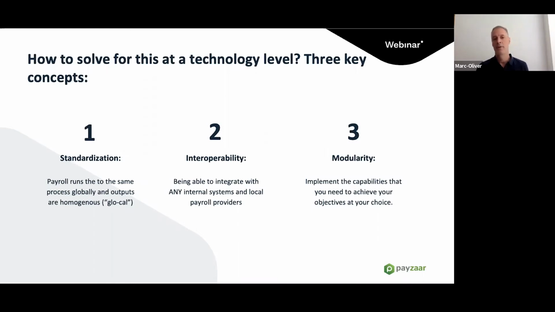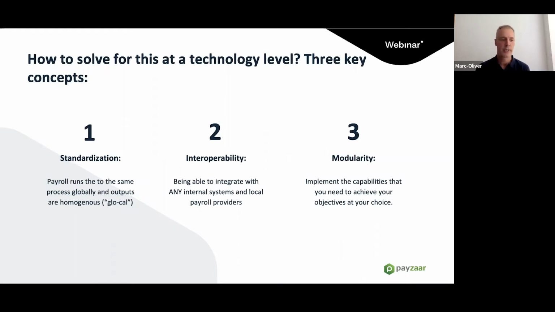People want to start working in a less manual manner, but if you have different procedures and processes across your international footprint, you can't introduce smart automation tools, or you have to build out automation tools for each and every single country, and that becomes very time consuming and challenging and resource consuming. So standardization is the first very important concept of a plug and play platform as a service approach.